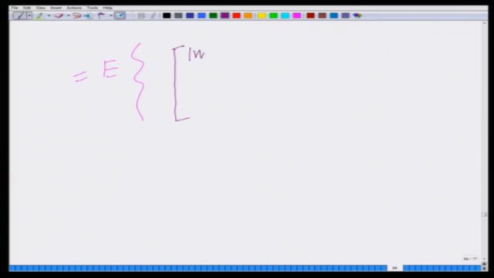The 1 comma 1 element is magnitude W1 square, 2 comma 2 is magnitude W2 square, and so on up to magnitude WR square, and here we have W1 W2 conjugate, W2 W1 conjugate, W1 W3 conjugate, W3 W1 conjugate, and so on.